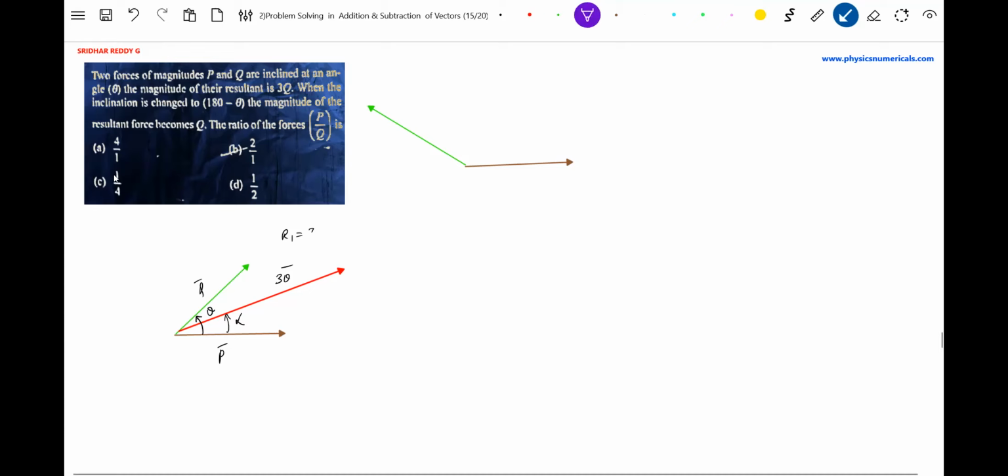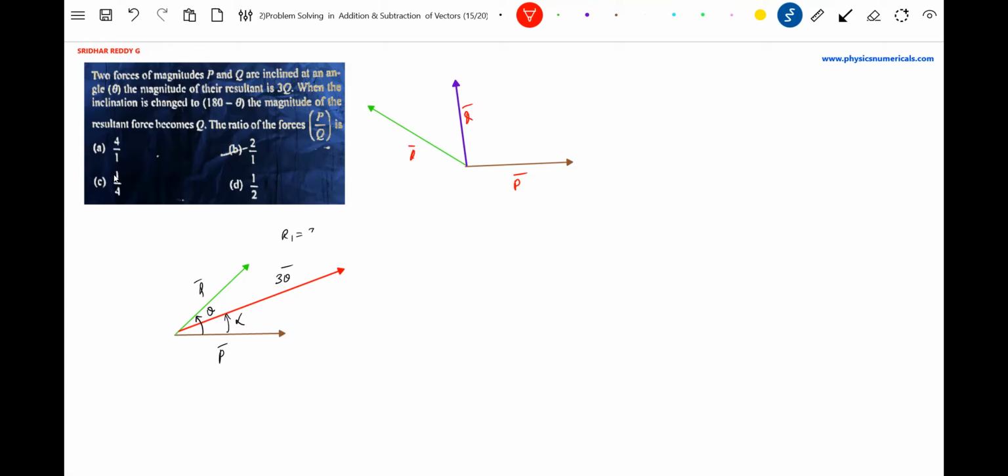The resultant will become, the magnitude of that will become Q. Let me write it: R2 bar, where R2 is equal to Q. Now, what is this angle?